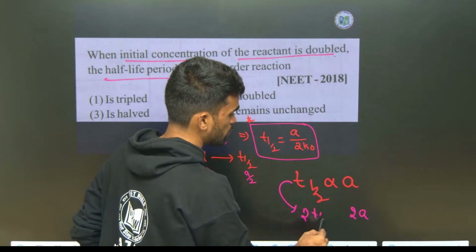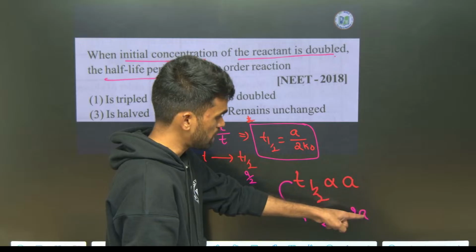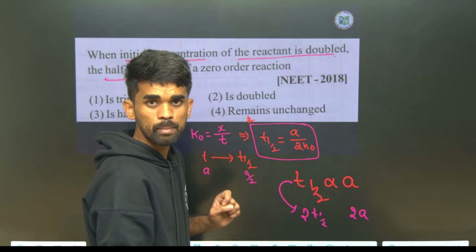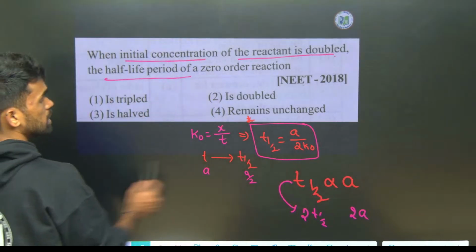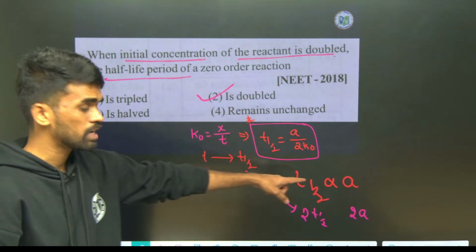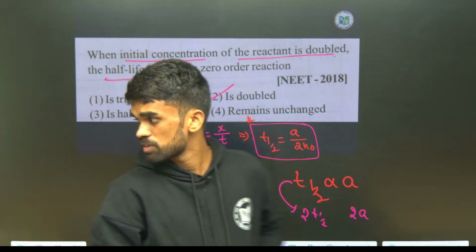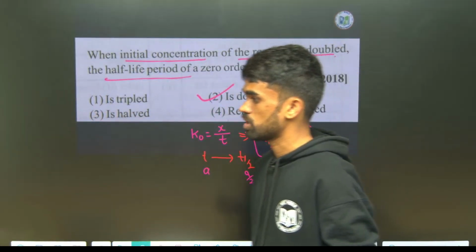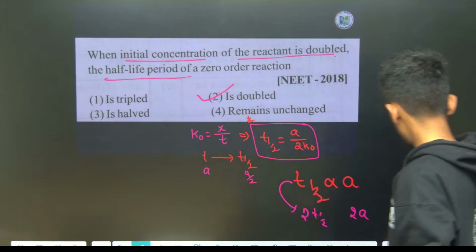If this is multiplied by 2, this is also multiplied by 2, because they are directly proportional. So the second option will be your perfect answer for this question. Yes, let us move forward.